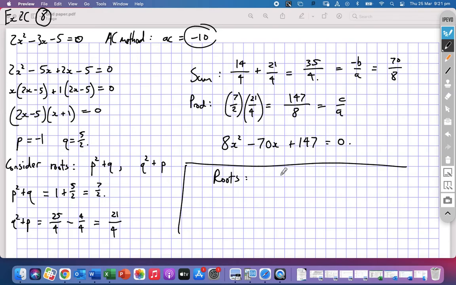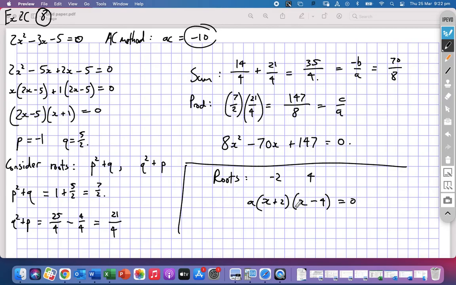If we had some roots, let's say they're minus 2 and 4, we know that there's a quadratic that exists with these roots: x plus 2, x minus 4. So I could have actually worked out what those numbers were and slotted them in here.